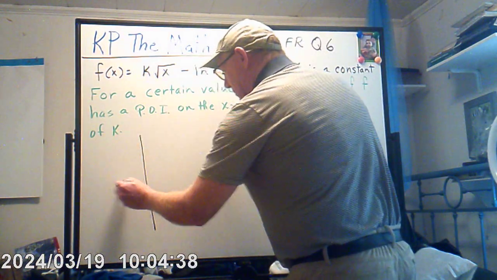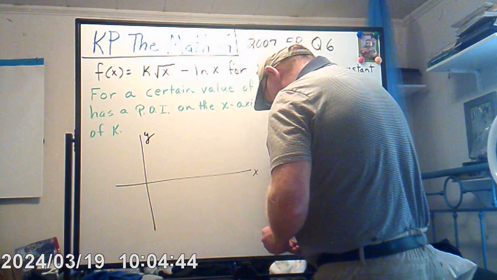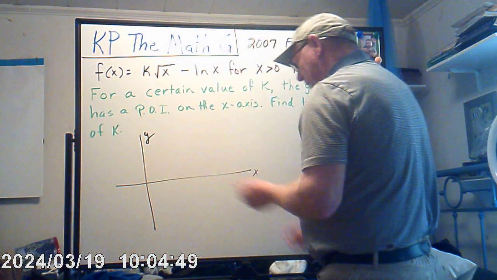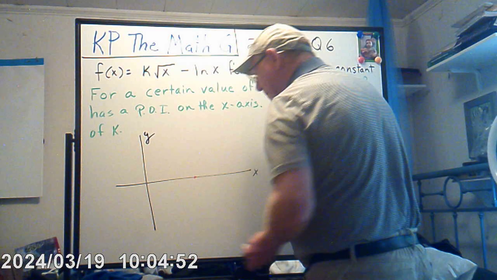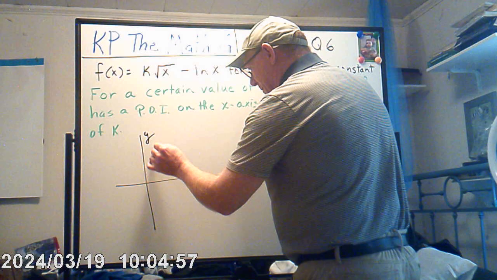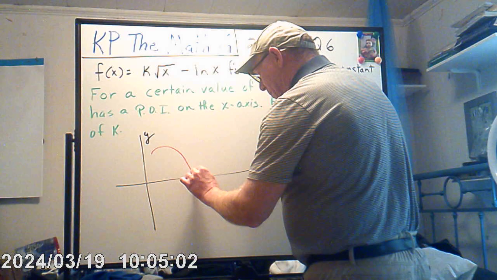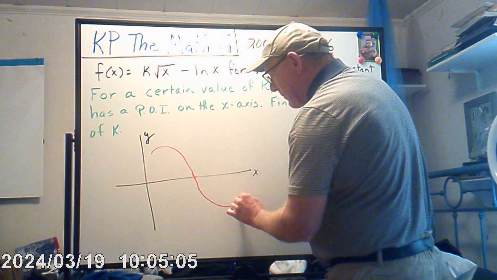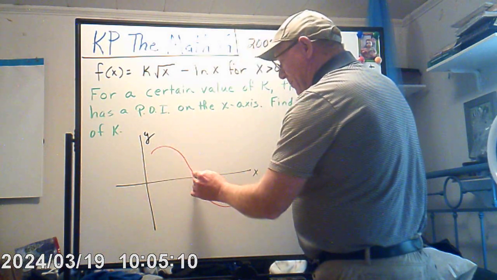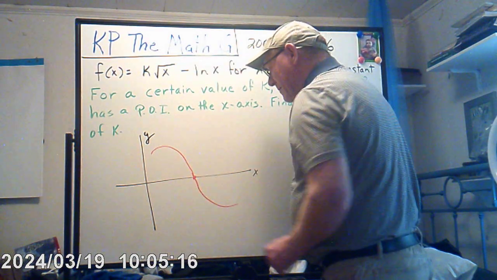So we have the xy axis, and if there's a point of inflection at some point out here, then somewhere this graph is probably doing something like this, and then there's the point of inflection right there, and then it's doing something like that. This is concave down to the left of the point and concave up to the right. That doesn't really matter. There's just a point of inflection right here.